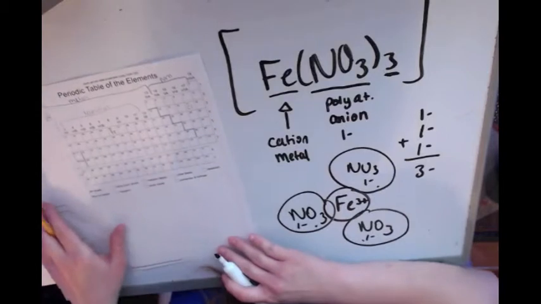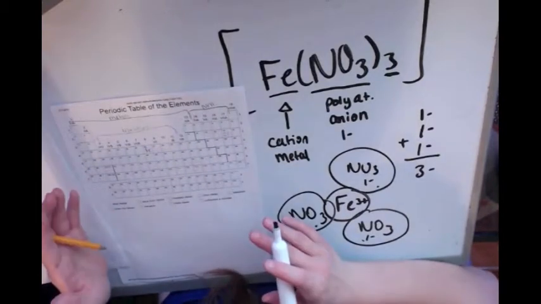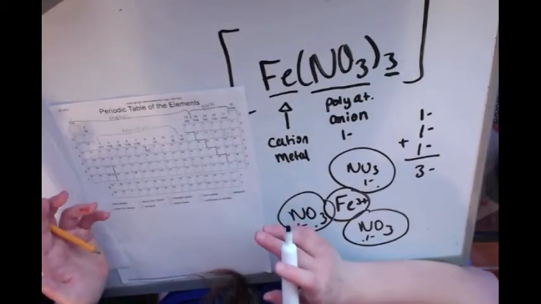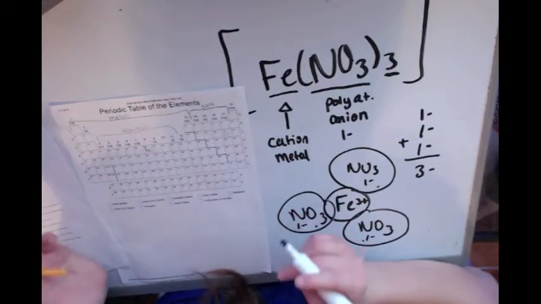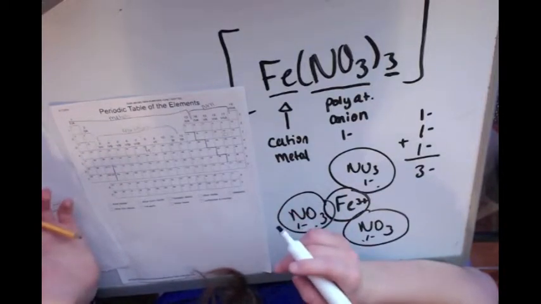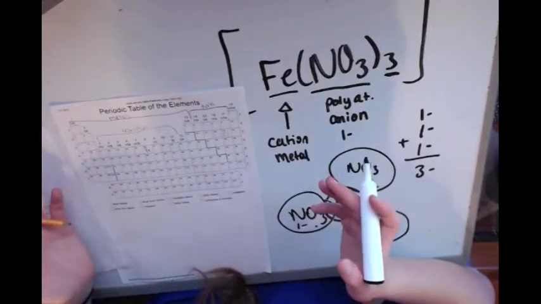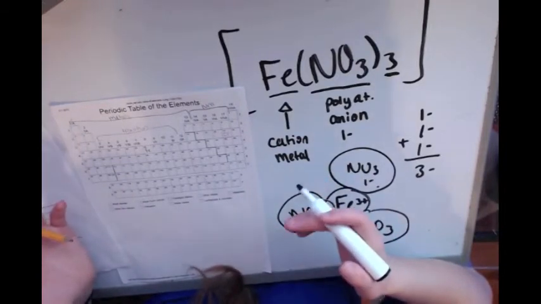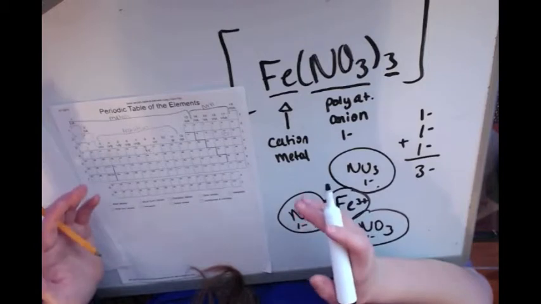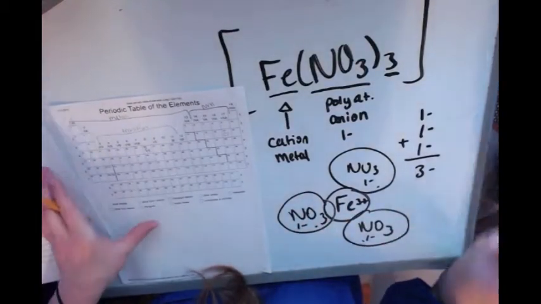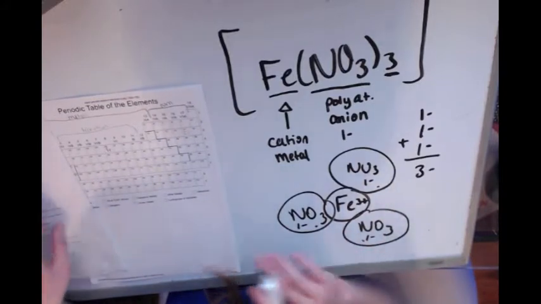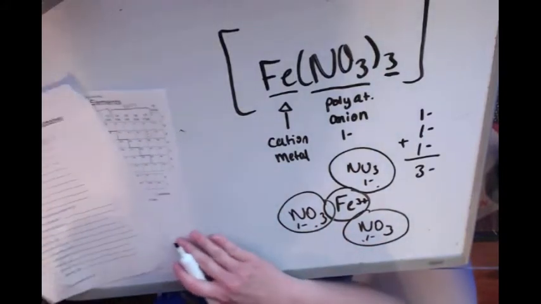Most metals, you can figure out the charge based on what column it's in. Things in 1A have a charge of 1 plus, things in 2A have a charge of 2 plus, things in 3A, besides boron, which is a metalloid, have a charge of 3 plus. The metals that are transition metals depend on the charge of the nonmetal. So we've just figured out the charge of this particular iron in this particular compound.